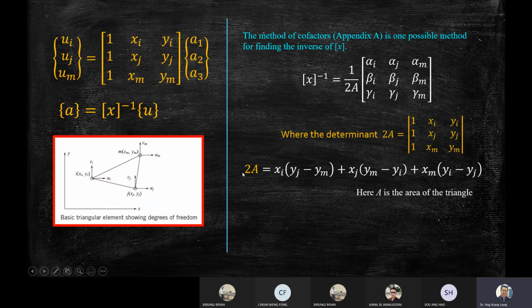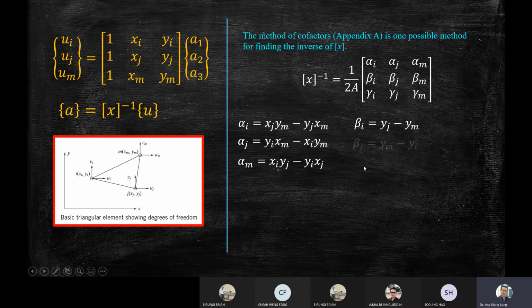For the area equation, 2A equals all these points, xi and then yj minus ym, and so on. You get 2A. After that, you move your 2 to the right, you get the area. After you get the number here, divided by 2, you get the area. So alpha I, alpha J, and so on. I'll show you on the screen here.